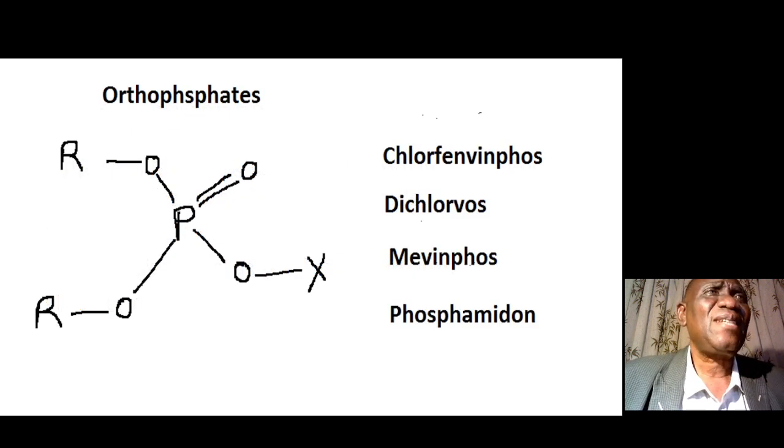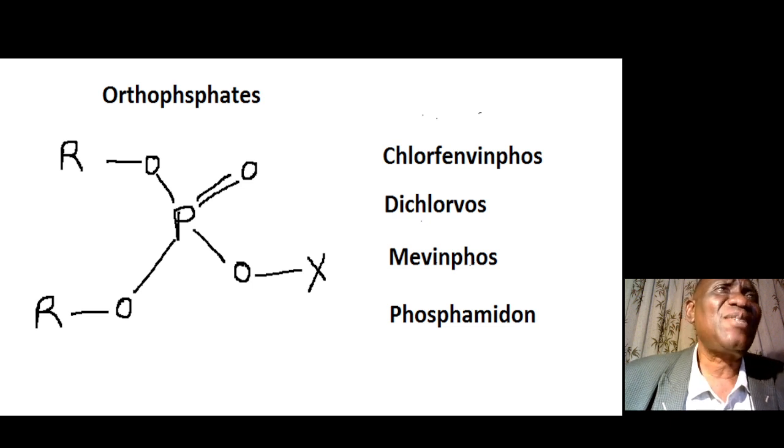Now we can start with a group known as the orthophosphates. The orthophosphates are represented by that basic structure. You can see on the orthophosphates there is no sulfur.